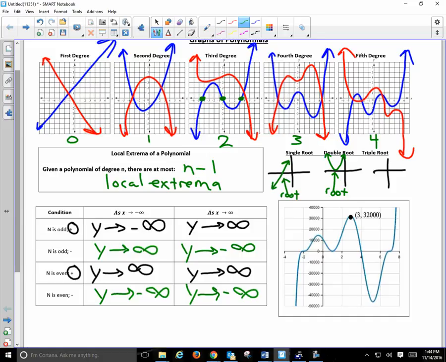So if it's a double root, it has behavior like a parabola. It literally comes down and touches tangent and bounces back off. Now, if it's a triple root, then it does this kind of thing. It flattens out right there. So if it has a multiplicity of 3, then that's what it does.